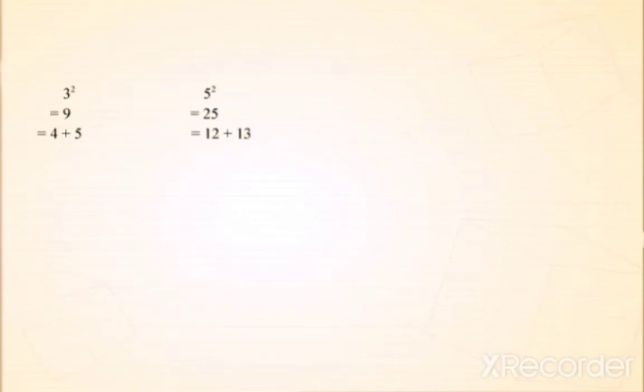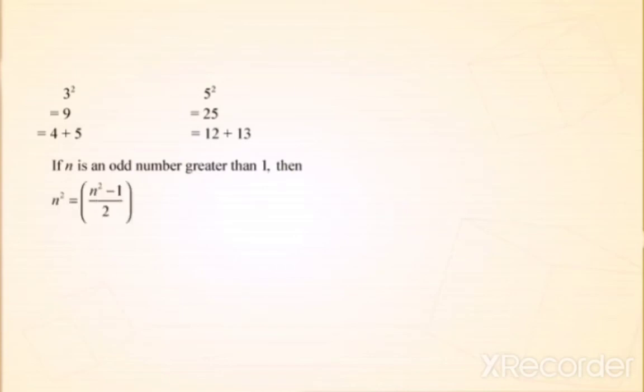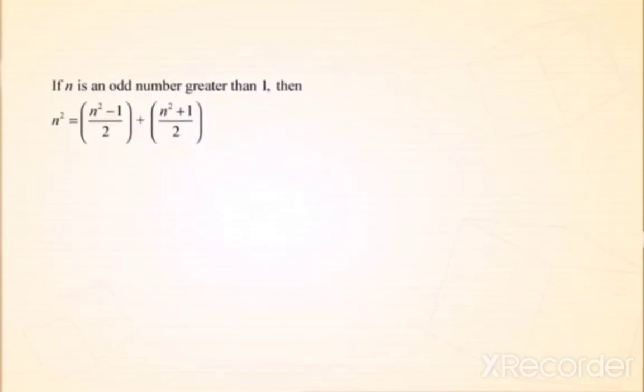Let's look at the general formula for doing this. If n is an odd number greater than 1, then n square is equal to (n square minus 1) divided by 2 plus (n square plus 1) divided by 2. Now, use this formula to express the square of 9 as a sum of two consecutive natural numbers. 9 square is equal to 81.